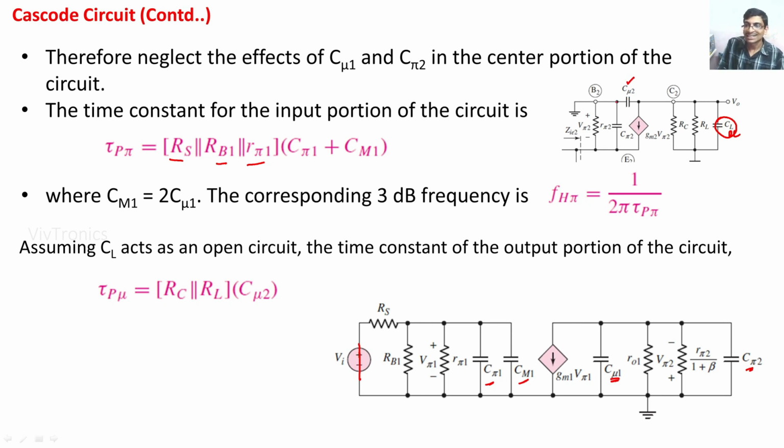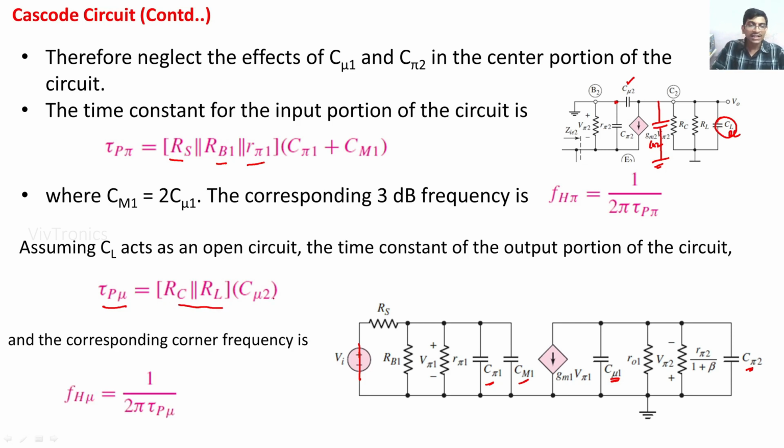We can observe that Cμ2 is grounded: one terminal of Cμ2 is connected to ground, which means that Cμ2 is in parallel with the output side circuit. Therefore, tau pμ will be equal to RC parallel RL into Cμ2, and the corresponding 3 dB corner frequency fHμ is equal to 1 by 2π tau pμ.